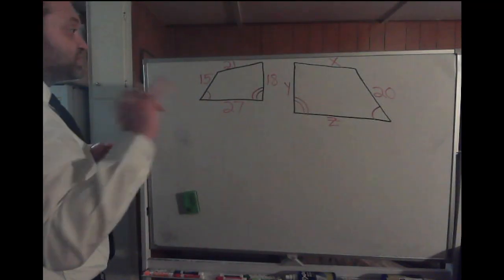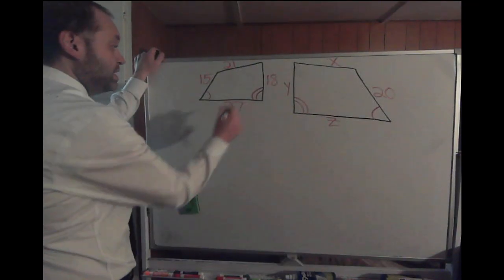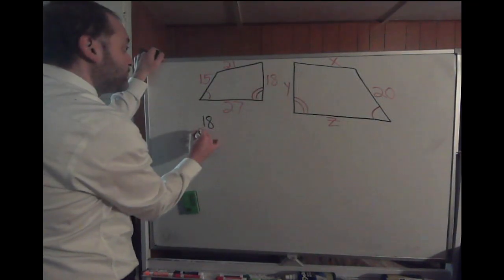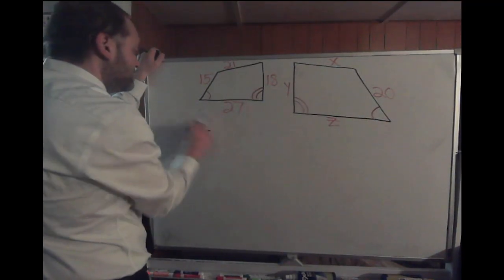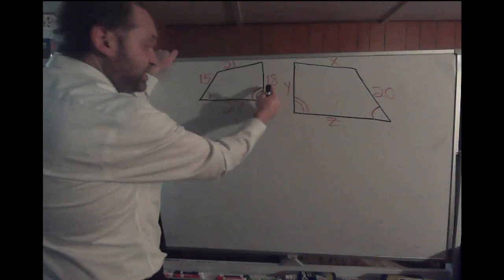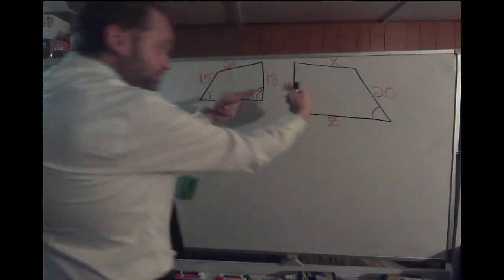Let's start by finding our scale factor between the two. So this side has a length of 18, right? This side here has a, well, wait a minute. See, this is why you got to pay attention to corresponding sides. You would think this side would match up with this side, but if you look, they're flipped around from each other.